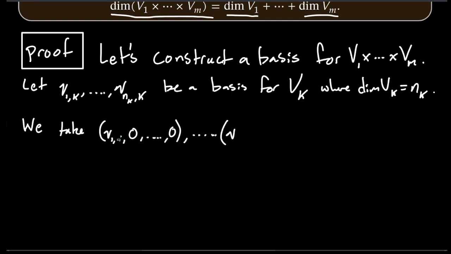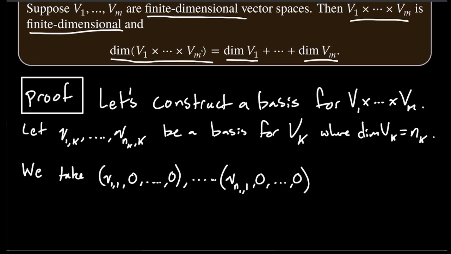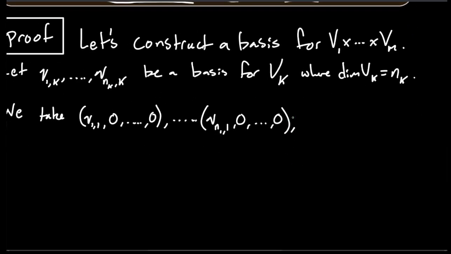I said v1k when I should have started with v1,1, just to be clear. Down to vn1,1, and then 0 for all the rest of it. So I made the lists in the product where the first entry was a basis vector from the first vector space. And then I did this for each basis vector in a basis for the first vector space.